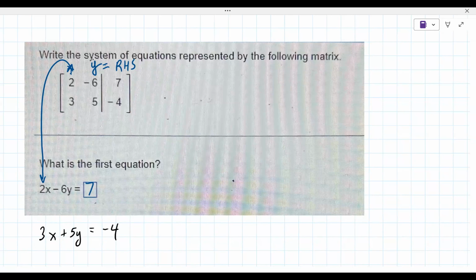Okay, one second. Stay right there. Okay, perfect. So the next one.